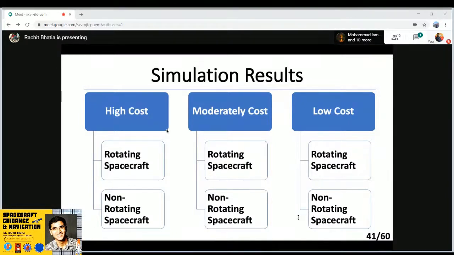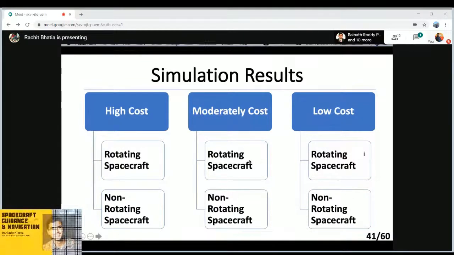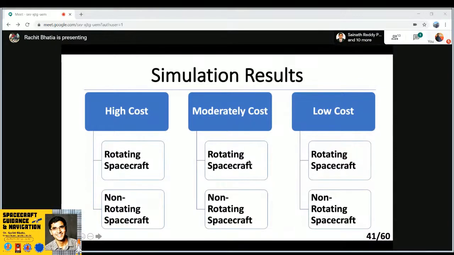We will see how much rotation affects. One of the reasons is that we are proposing it for navigation purposes. Can we still navigate if the spacecraft is doing some maneuver, if it is using its thrusters? So that is the idea, to see if certain disturbances in the environment will improve or worsen the result.